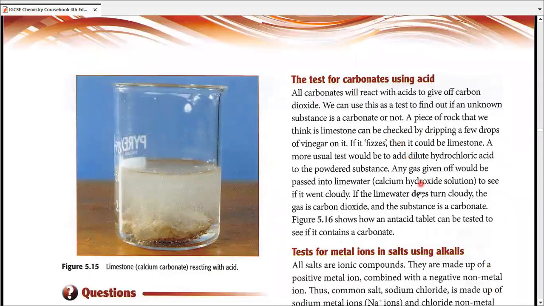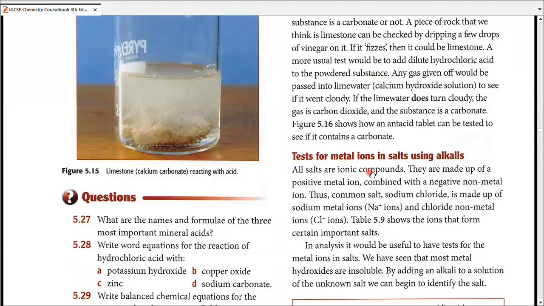On the top of this page, on the right-hand side, this test is given, and the term that this book has used is cloudy. So if the lime water turns cloudy, the gas is carbon dioxide and the substance is a carbonate. This is the test that we are already done with in 5.7, and you are going to see this test again in chapter number 12 as well.